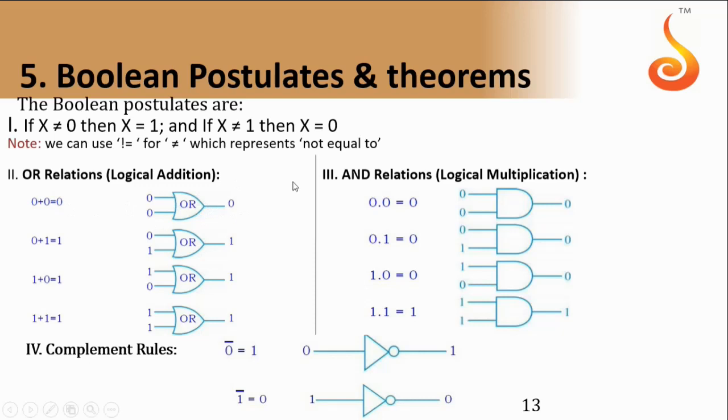And then whenever they ask you, you need to write all this, draw all this. Suppose if one input is 0, the other is 1. For a logical addition or an OR, it will be 1. Getting it? If one input is 0, the other input is 1, it will be 1. That is 0 plus 1 is equal to 1.